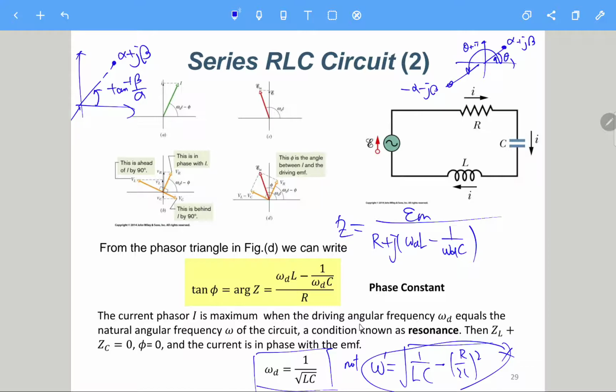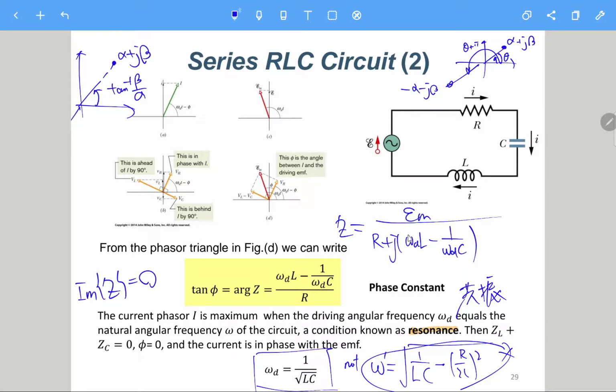And here it talks about what is the condition of resonance. Resonance, in Chinese it's called 共振. The condition for resonance is that the imaginary part of Z is 0.